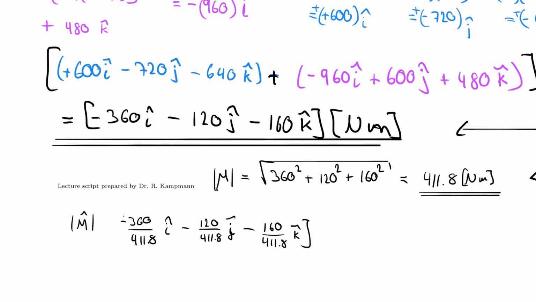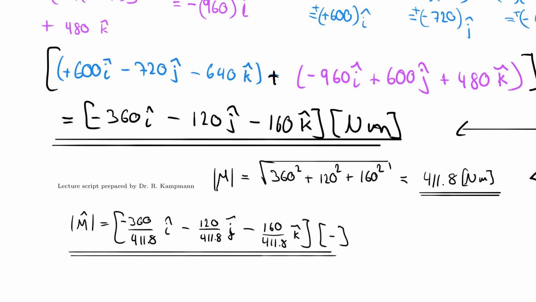And that is unitless, and that qualifies as an answer for the direction because it's just the same as the directional cosine. So I'm going to double underline this as well, and of course use my answer arrow.